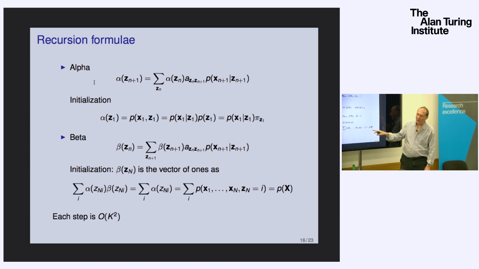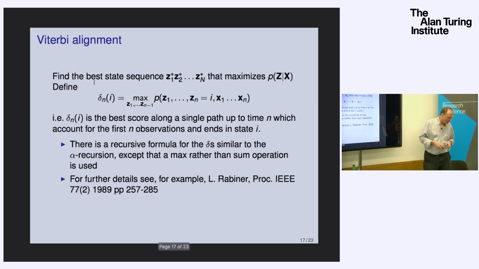A convenient place to calculate it is at time n, when you just run the alpha recursions forward and then sum things up. Each step is order k squared because we're looking at all possible transitions from time n to time n plus 1. So that's the recursion formulae for the alphas and betas.